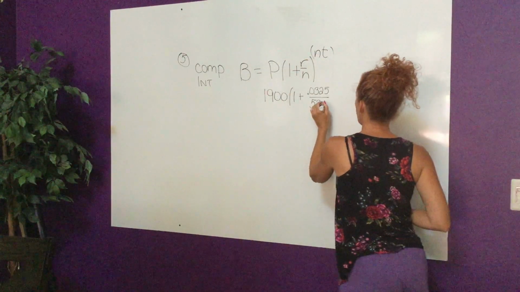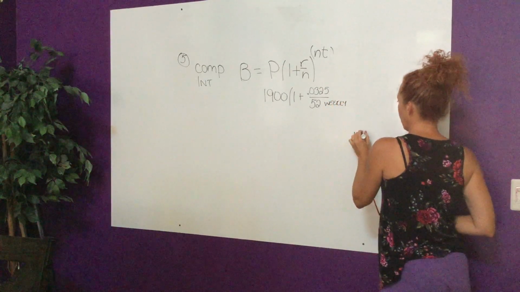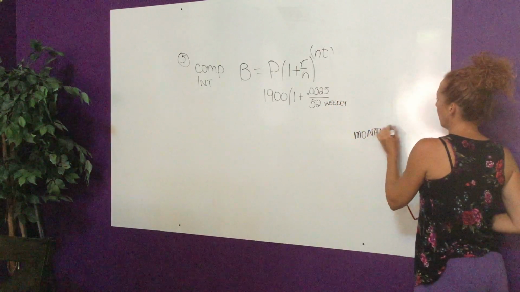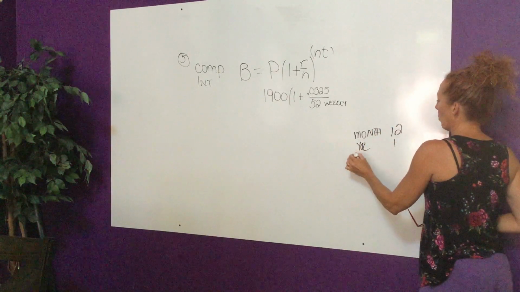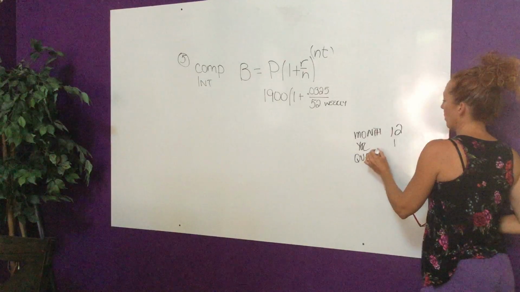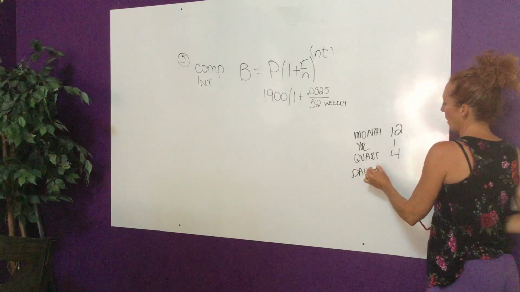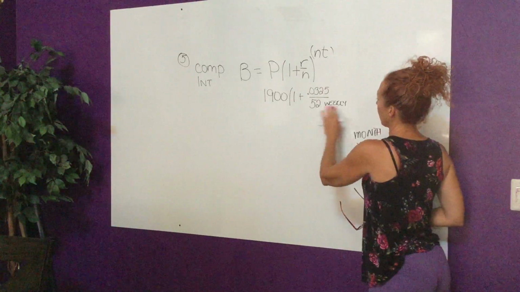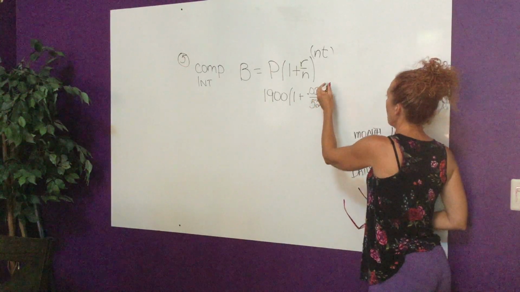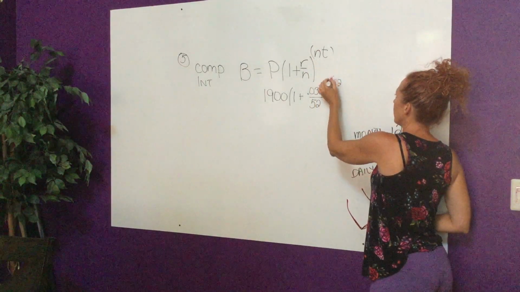If the problem on the midterm said monthly, it would be 12. Yearly is just 1. Quarterly is 4. Daily would be 365, and so on. So this is weekly, and then the N is 52.